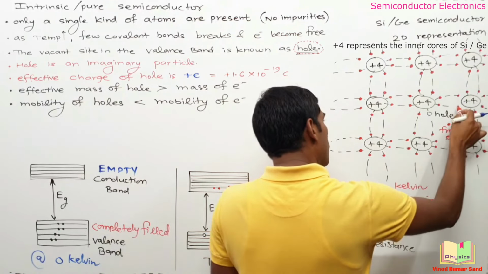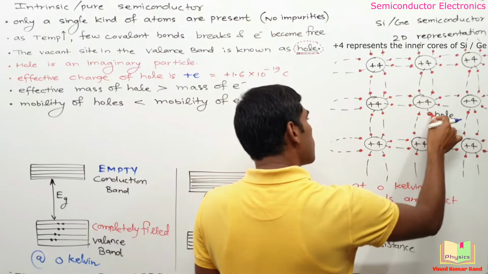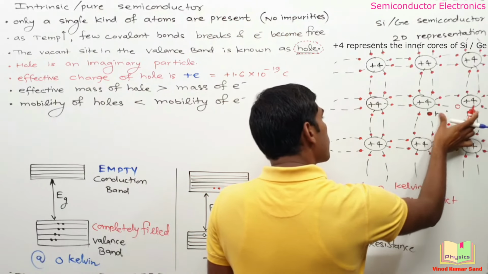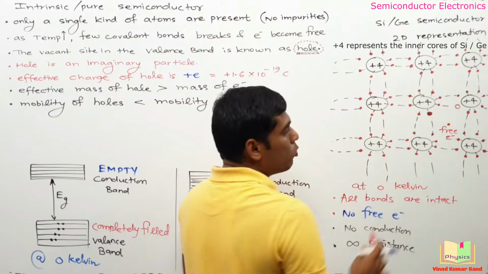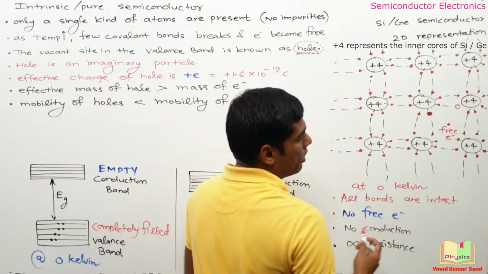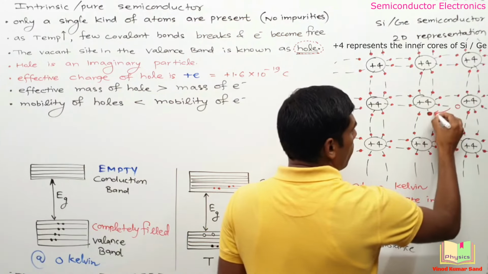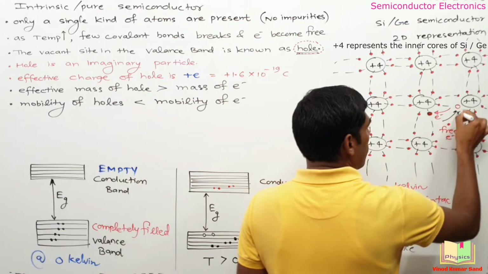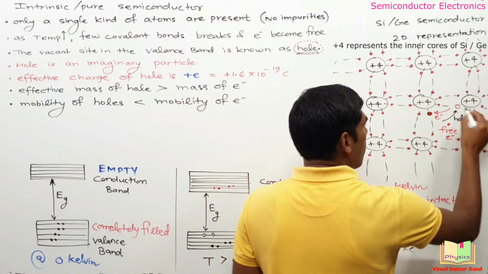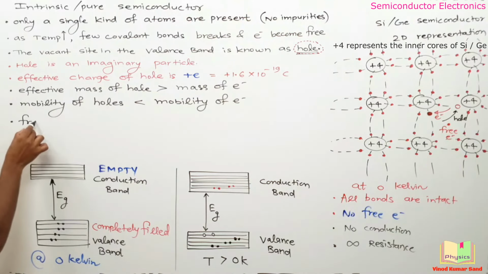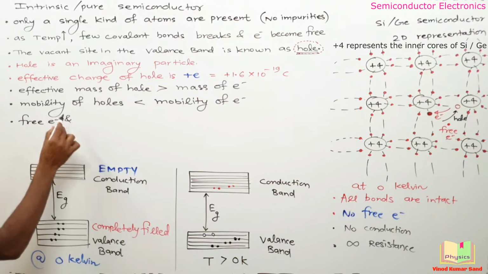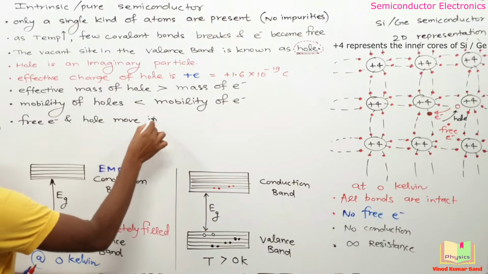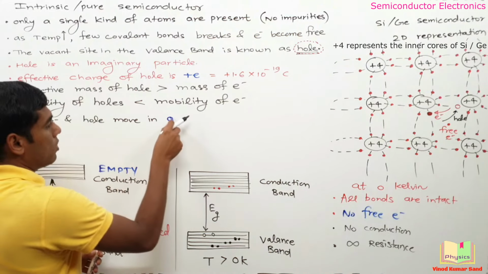This free electron jumps to this site and the vacancy gets created there. See the movement of the electron and hole. If the electron was moving here, then hole is moving in just opposite direction. Free electrons and hole move in opposite directions.